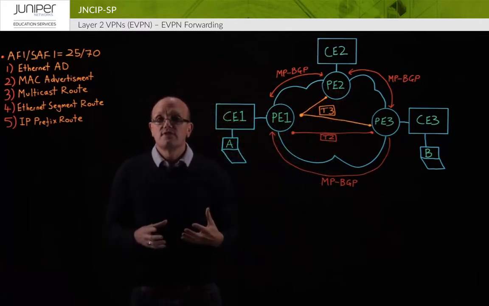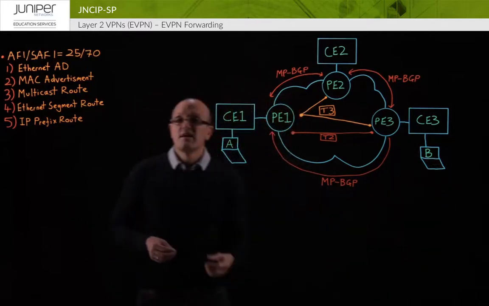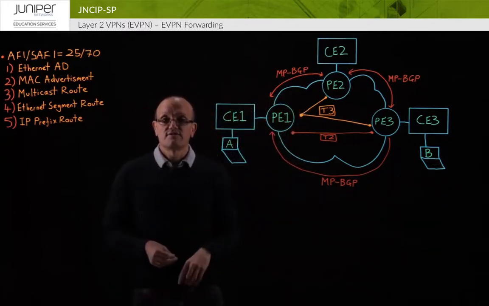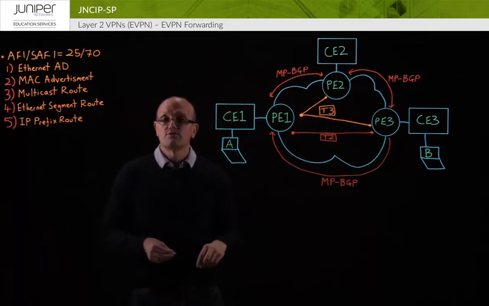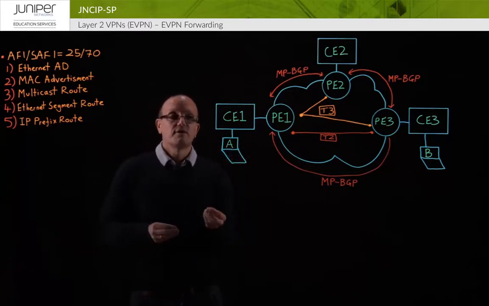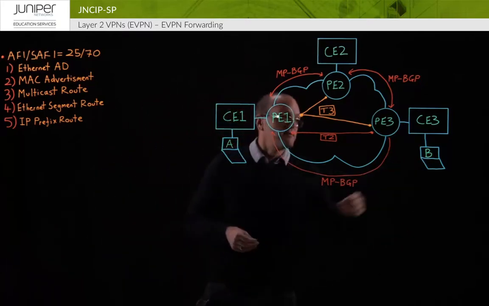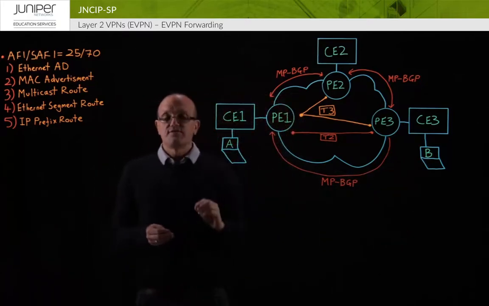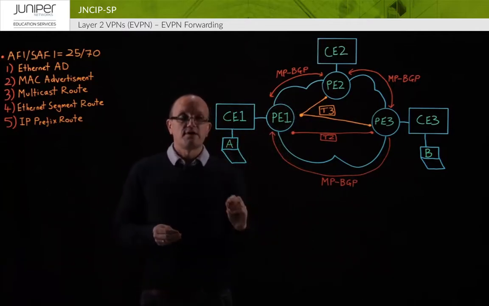Let's now walk through a scenario where, say, host A and host B interconnect to this network for the first time. Let's see how these facilitate traffic forwarding between them. So host A connects, and host A sends traffic to host B via CE1. The frame arrives on PE1.